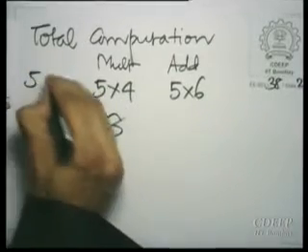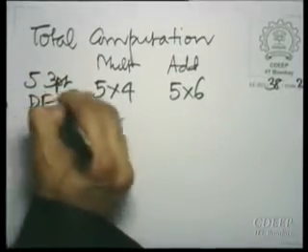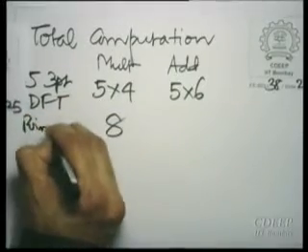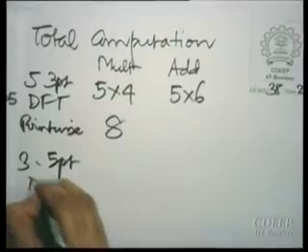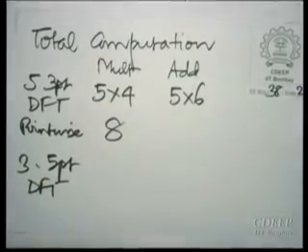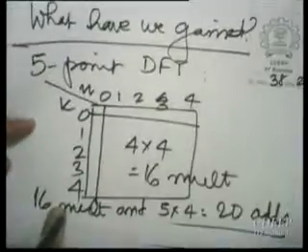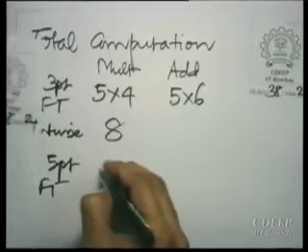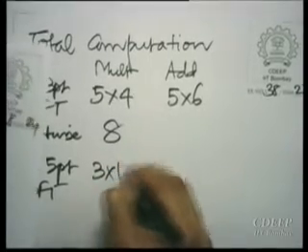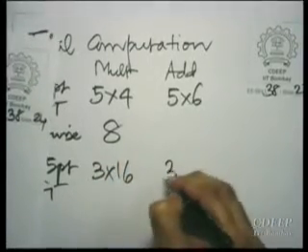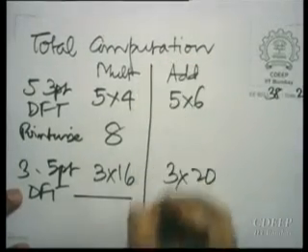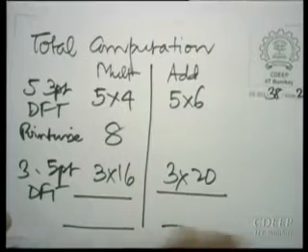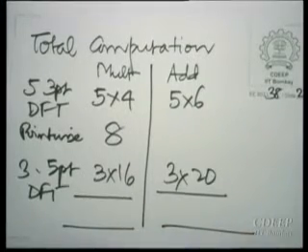So 5 3-point DFTs, point-wise multiplication, and 3 5-point DFTs. Let's look at what the 5-point DFTs cost us. 16 multiplies and 20 adds. 3 into 16 and 3 into 20. So we can add these. I leave it to you to complete the summation here.